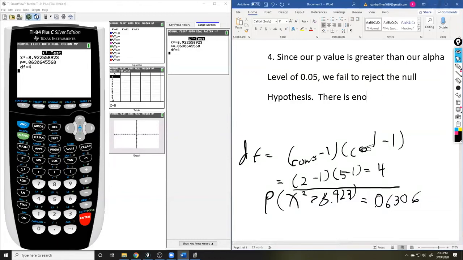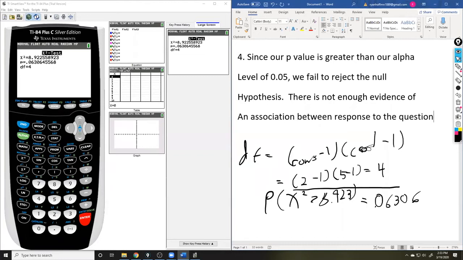There's not enough evidence of an association between response to the question and gender.